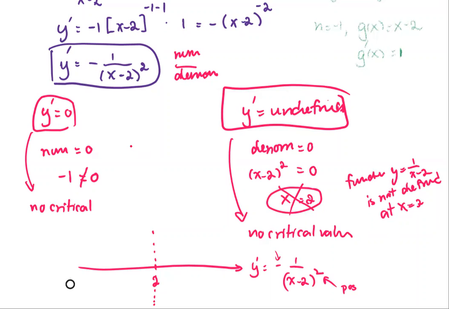The negative sign confirms that whatever number you plug in, the final number is negative. So the graph is decreasing on both sides of x equals 2. That's why you see on the calculator that x equals 2 is the vertical asymptote, and the graph keeps coming down on both sides. So there are no critical values for this problem.